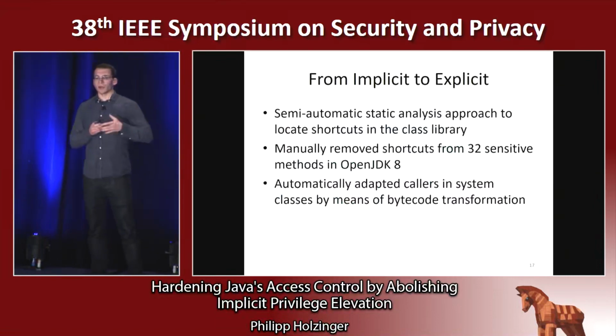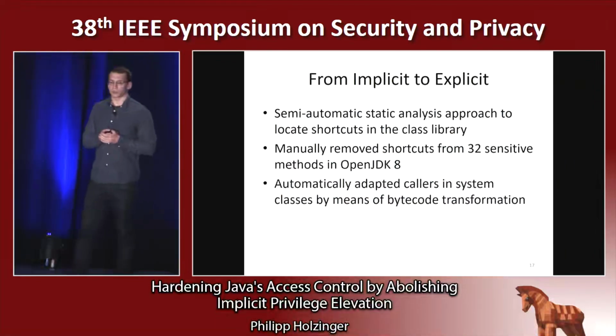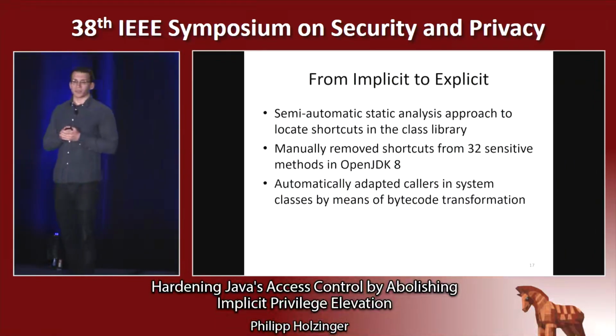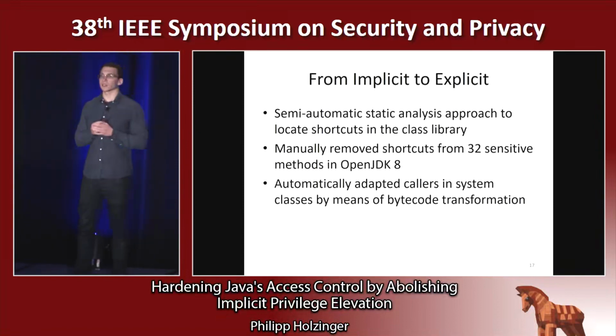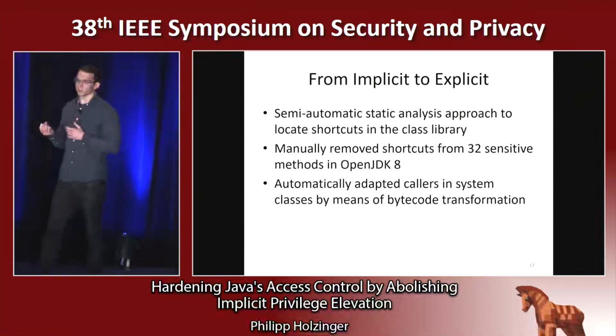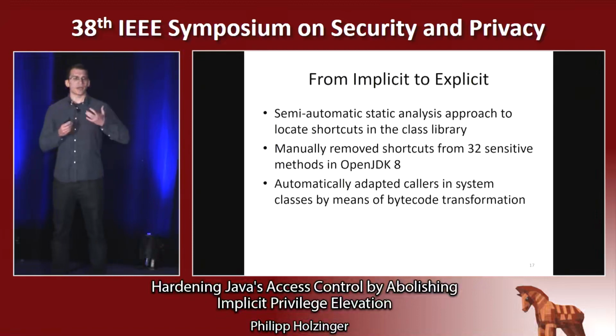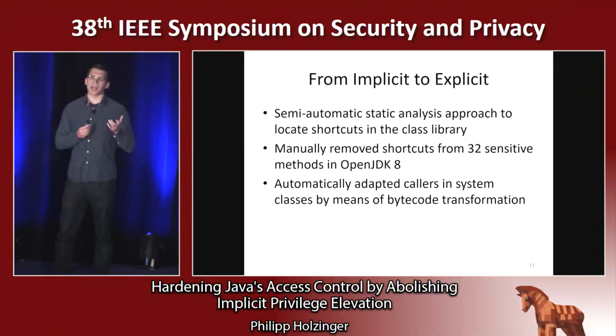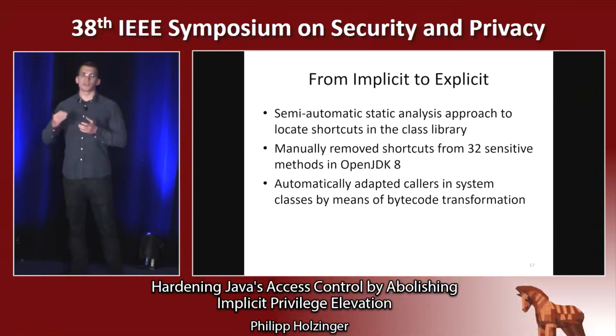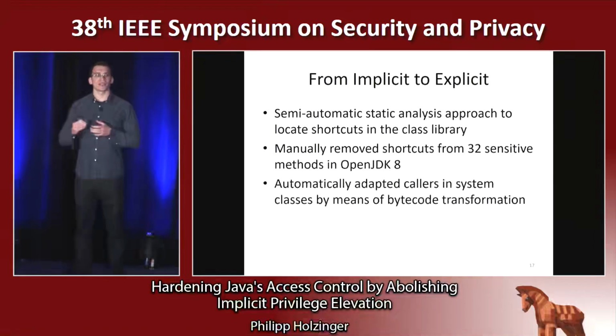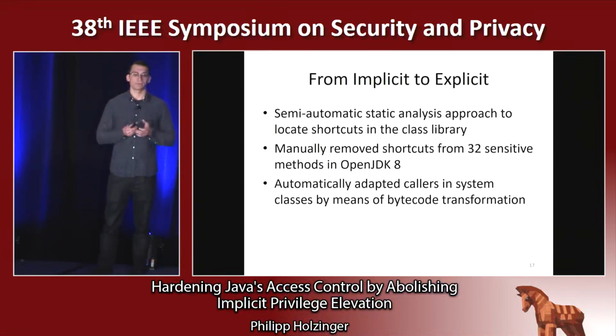We implemented our proposed solution by using a semi-automatic static analysis approach to locate the shortcuts in the class library in the first place. By semi-automatic, I mean that we automatically search for a candidate list of methods that may or may not contain a shortcut, and we manually select the methods that actually do contain a shortcut.